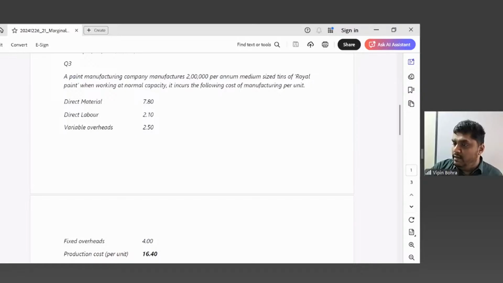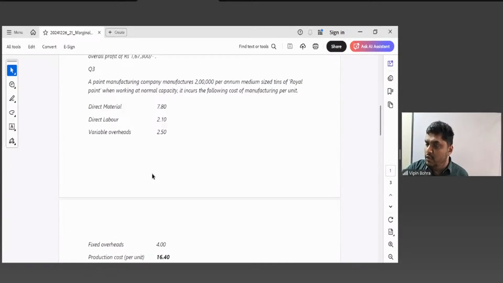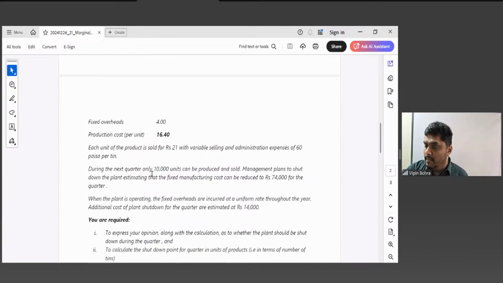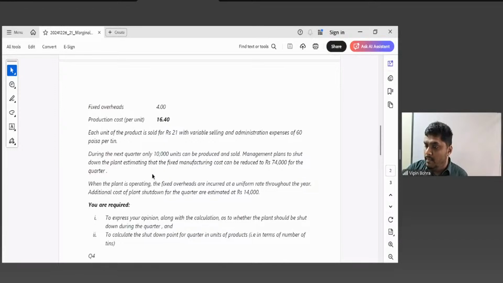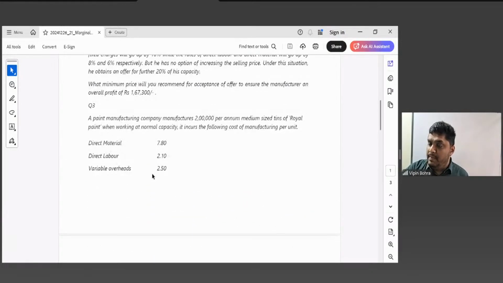Question number 3. A paint manufacturing company manufactured 2 lakh per annum medium-sized tins of royal paint when working at normal capacity.